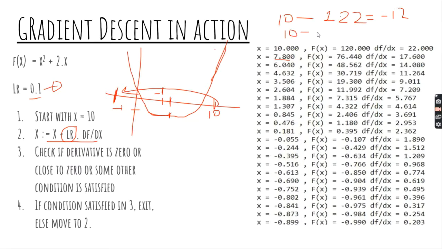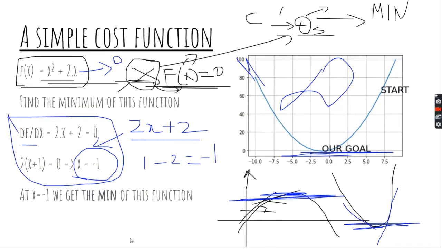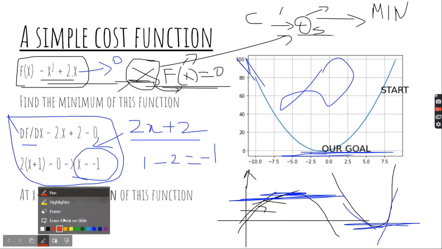So what 0.1 does is, we have 10 minus the learning rate into the differential, which is this 22. So this is 10 minus 2.2, and if you do that you get 7.8. So we keep doing that, and you can see that the x keeps reducing, and we are getting towards the -1. I want you to remember that our expected answer should be -1.